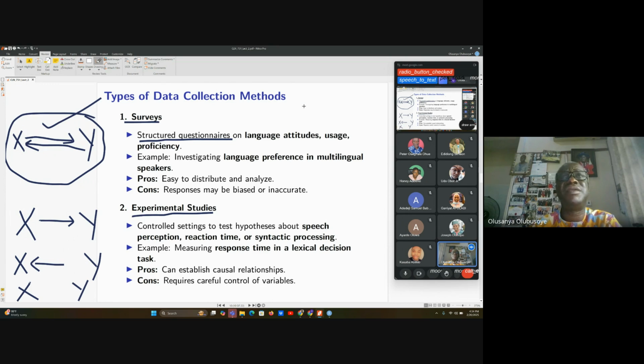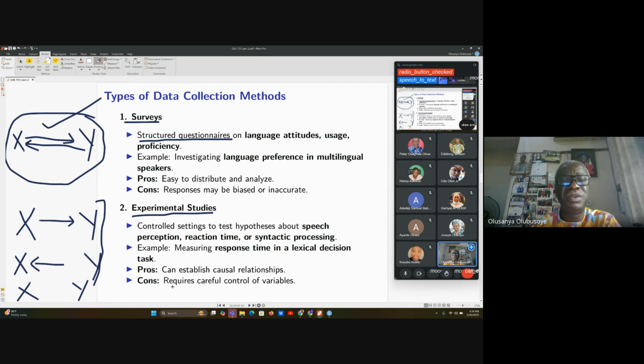Maybe there is a relationship, fine. This talks about relationship or no relationship. This talks about causality. So you won't be able to establish causality with survey. But with experiment, you can establish causality.